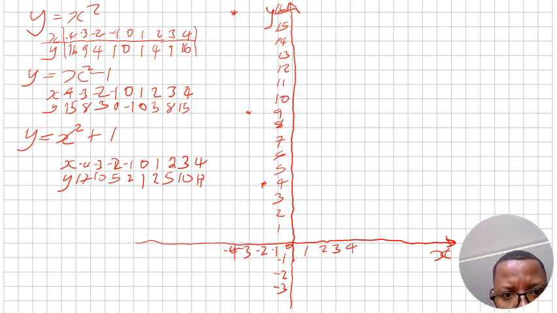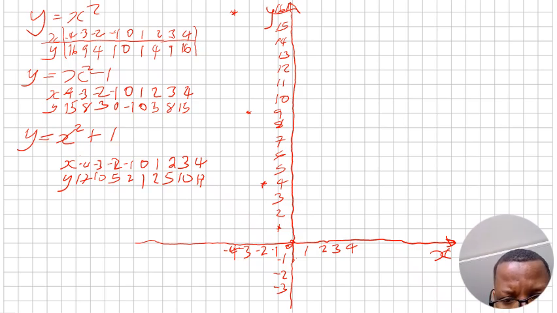When x is equal to -1, y is equal to 1, it should be here.